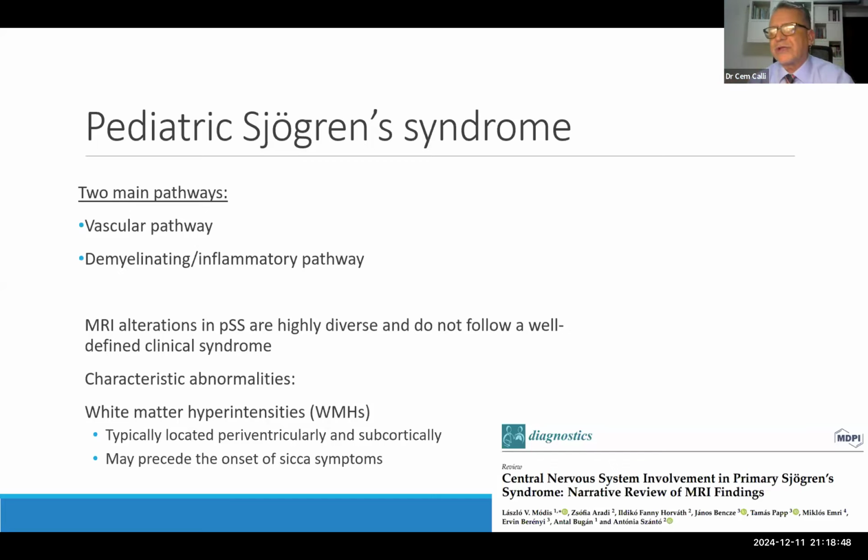But it's not MS, because the oligoclonal bands and the other things that you, as neurologists, are looking for were all negative. But the other findings for Sjogren's disease were positive. So it's very good that with the imaging findings, now we understand for this particular patient, the new lesions coming up are not MS lesions, but Sjogren's lesions, not in a vascular pathway, but in the demyelinating pathway. So this was very interesting for us, and we wanted to present it to you.